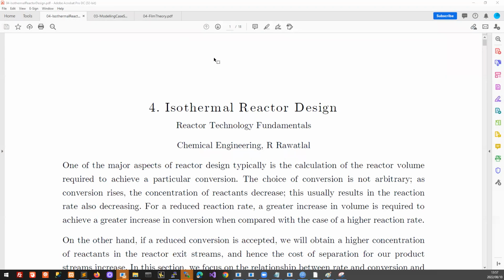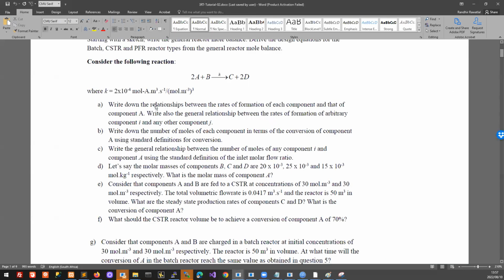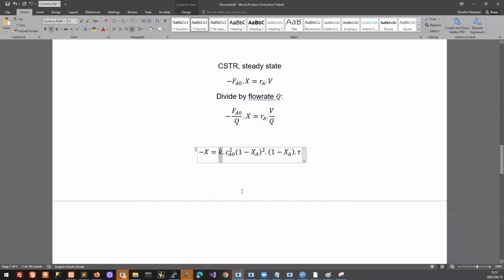If we look here, the kinetic rate constant k is defined as 2 times 10 to the minus 4. So you see then that the only unknown left in this equation is XA. Right, so we can solve this equation for XA. Number one, you'll want to multiply this out and solve it, and that will tell you what conversion we are getting in this reactor.